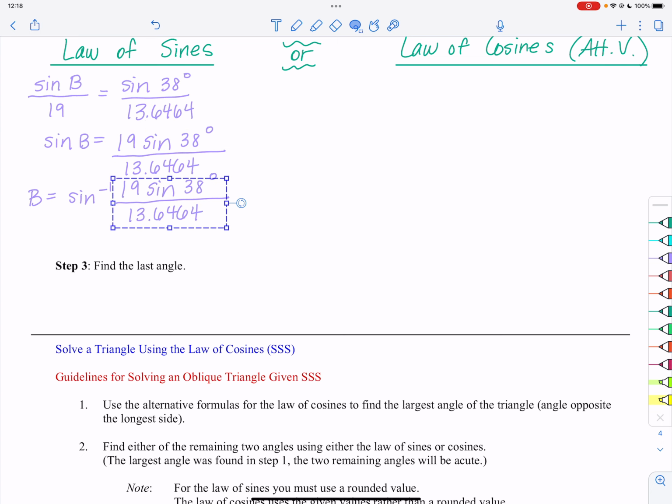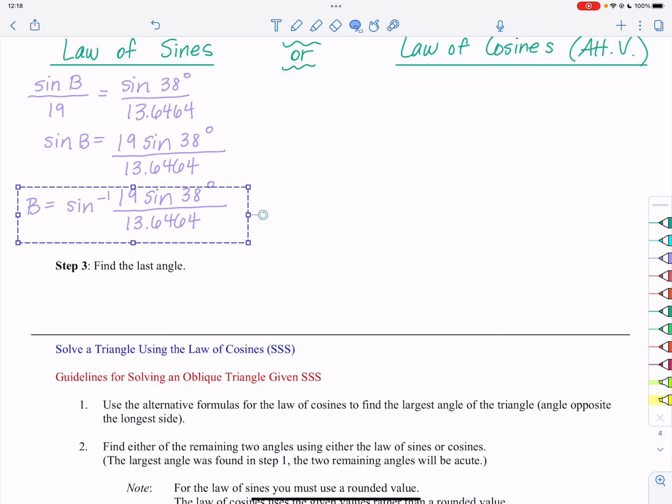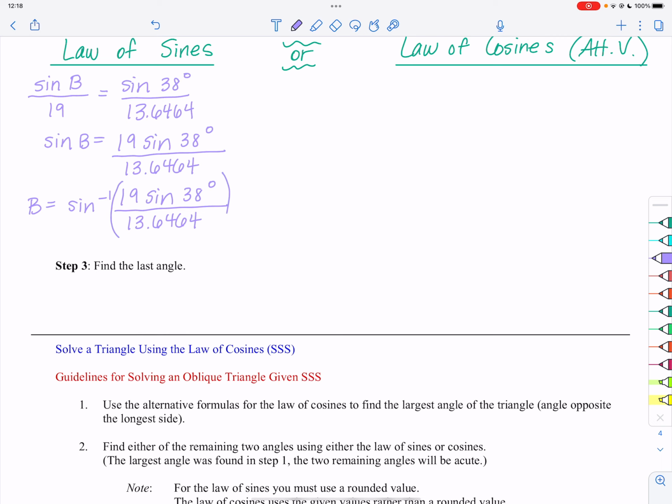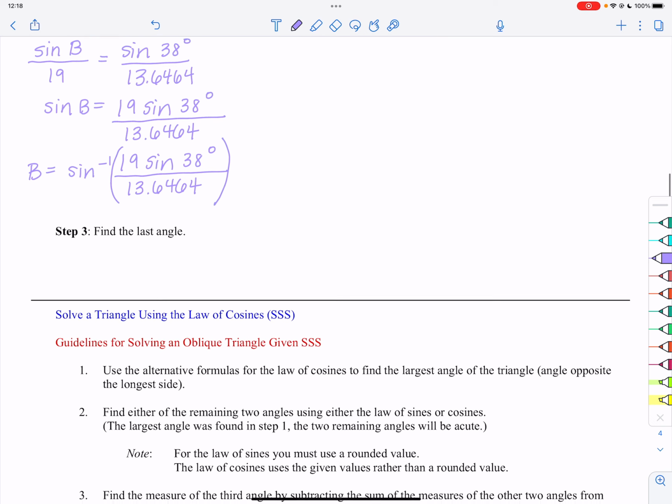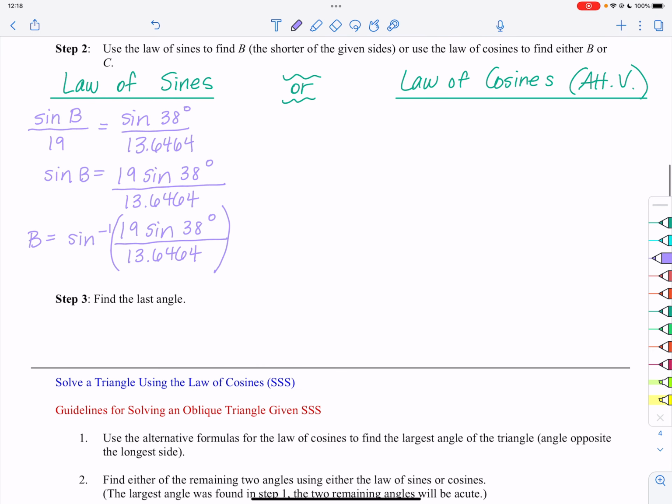Okay, so the sine inverse of this, and when we have the sine inverse of that, we see that B is approximately equal to 59 degrees.